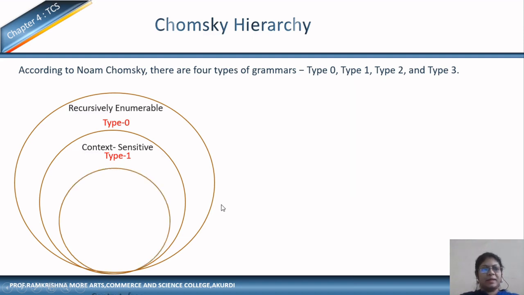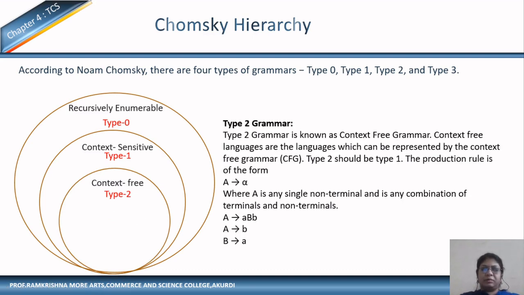Now we will see the next type, that is context free, or we can call it type 2 grammar, which we are going to discuss more in this chapter 4. Type 2 grammar is known as context free grammar. It generates context free language. Type 2 grammar should be of type 1. The production rule is of the form A gives alpha, where A is a single non-terminal and alpha is any combination of terminals and non-terminals.